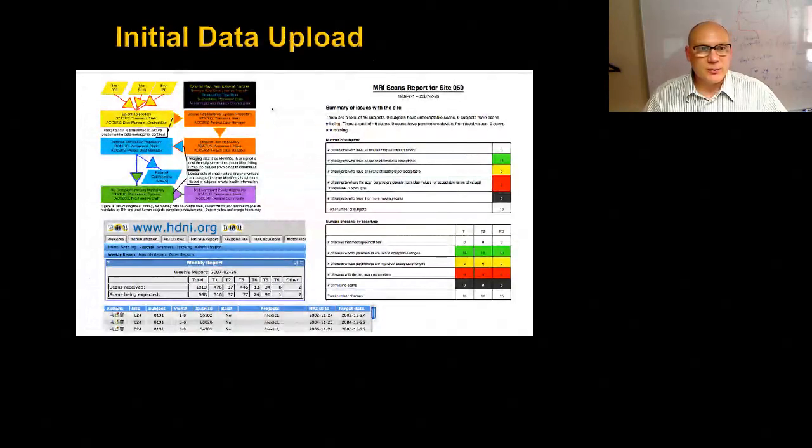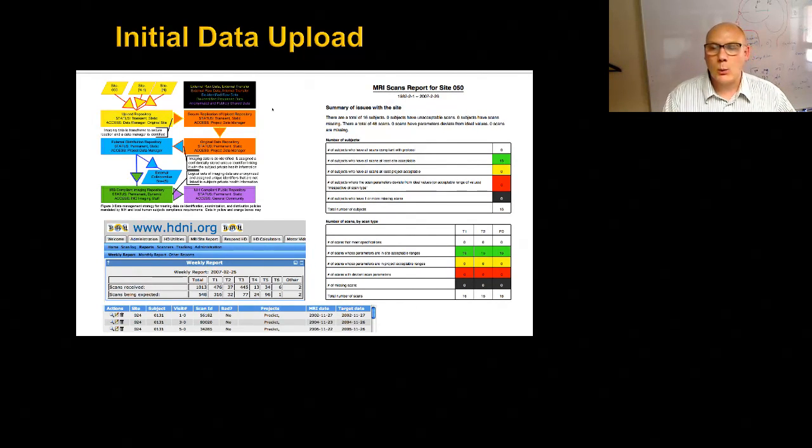Our initial data upload from the sites comes in and is organized, and we automatically run a series of tests and create these MRI scan reports that identify just how many data sets are good and how many are bad. We take these reports and continuously feed them back to the sites. It's that feedback mechanism that has been so helpful in improving the quality of our data.